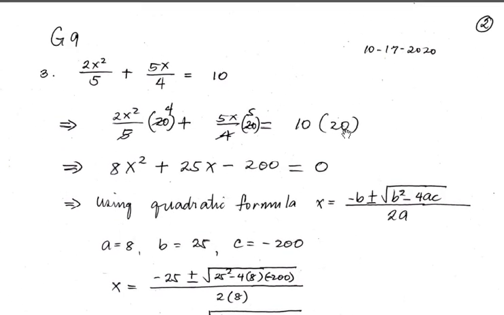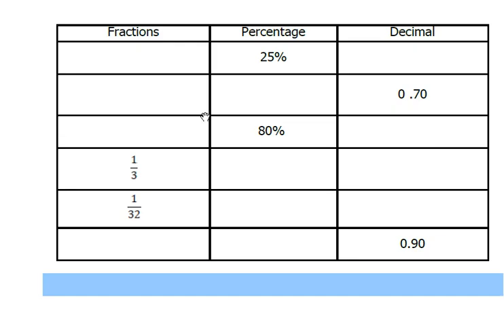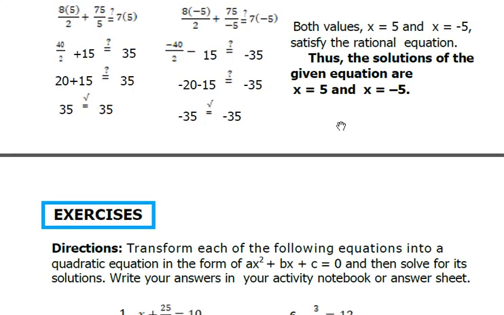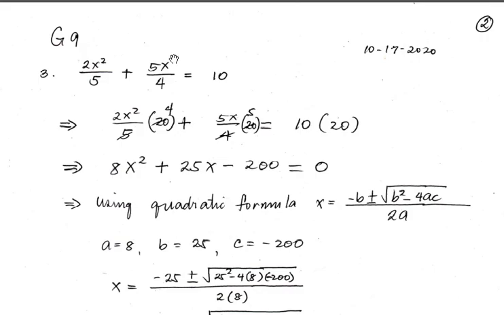Let's proceed to problem number 3. 2x squared divided by 5 plus 5x divided by 4 equals 10. Solution. The left-hand side of the equation is a fraction with denominators 5 and 4. 5 and 4 are relatively prime numbers, meaning they don't have common factors.